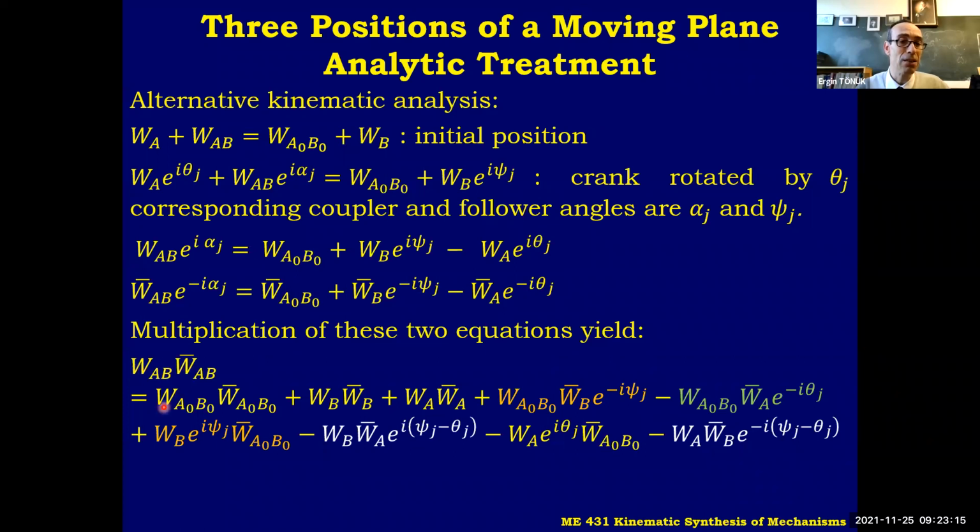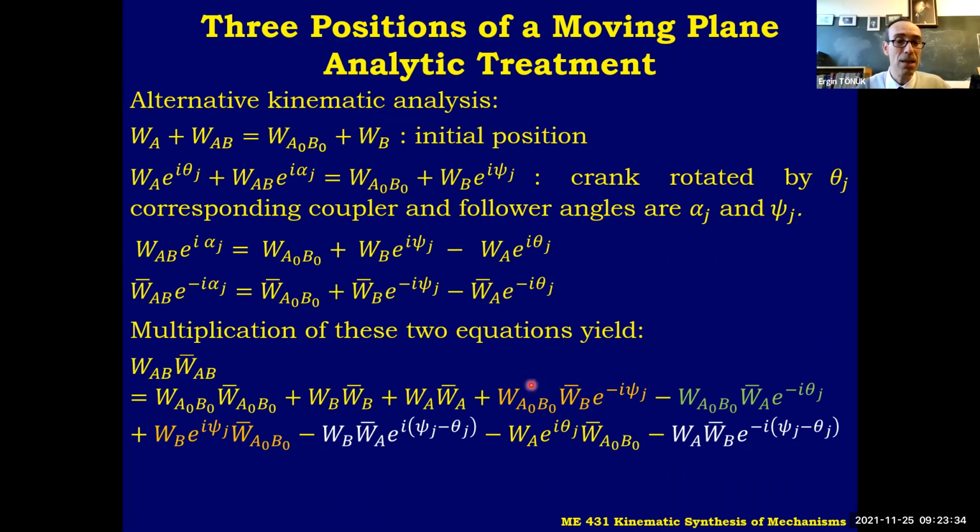The yellow ones are all a complex number multiplied with its conjugate, okay? So yellows are complex number multiplied with its conjugate.